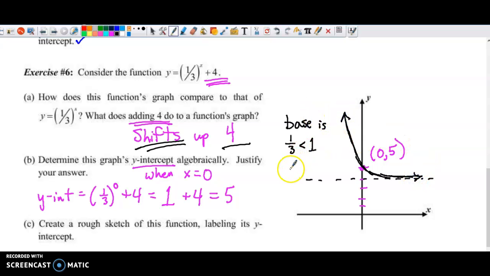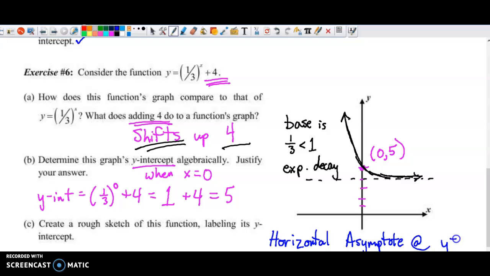So we have exponential decay. But let me introduce another word to you if you haven't seen it before. It is a horizontal asymptote. We call that a horizontal asymptote at y equals 4.